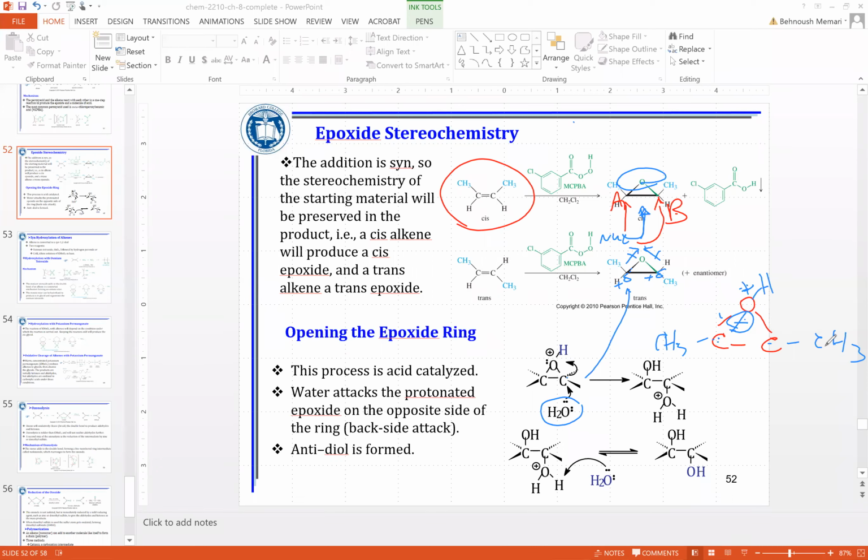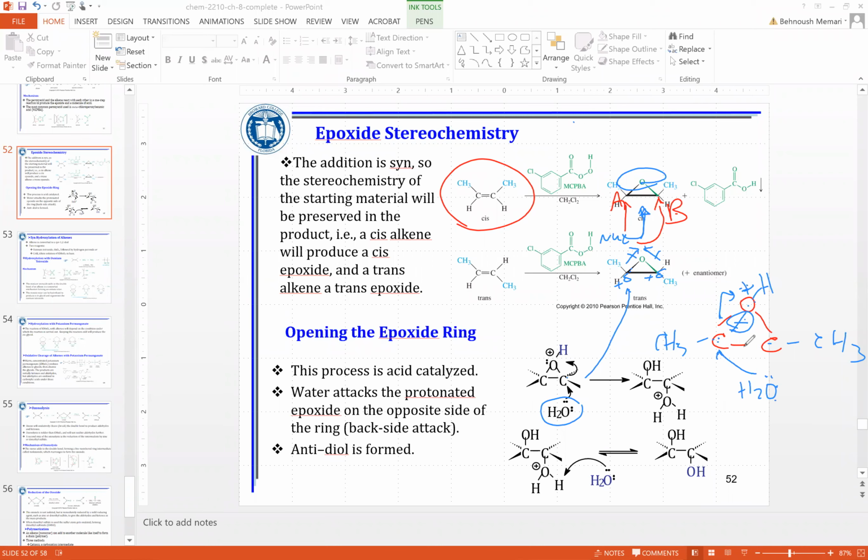And since both carbons have similar substitutions, or the degree of substitution is the same, both of them are like a secondary carbon, then either one of them can be attacked by H2O. So when H2O comes in and forms a bond with, let's say, this carbon, then the ring is going to open over the OH. So the plus charge is going to be transferred.